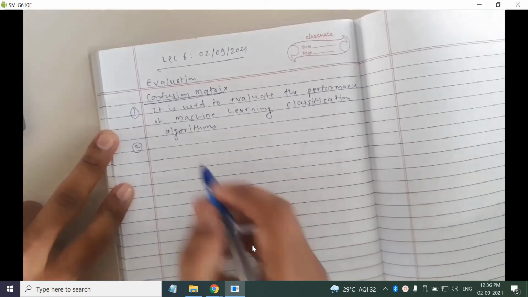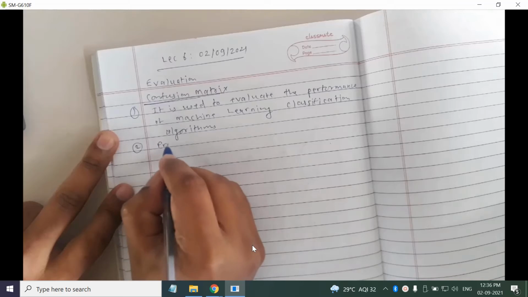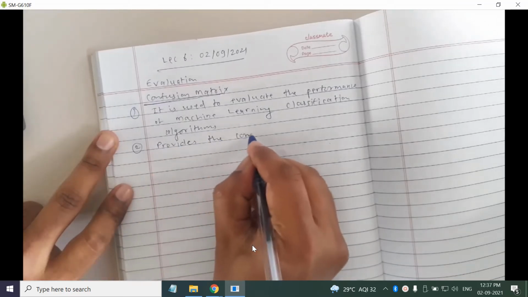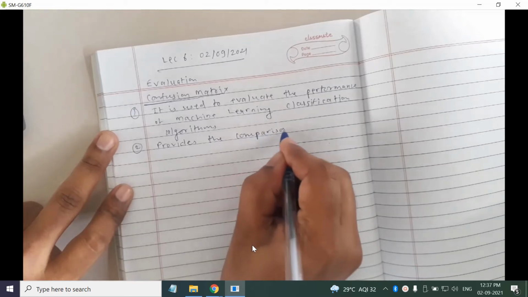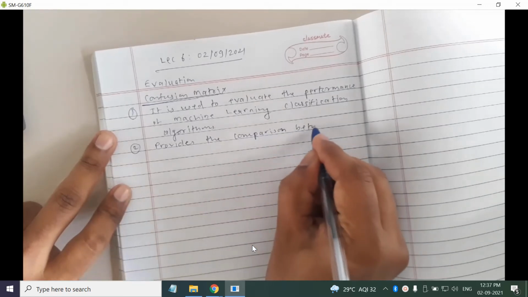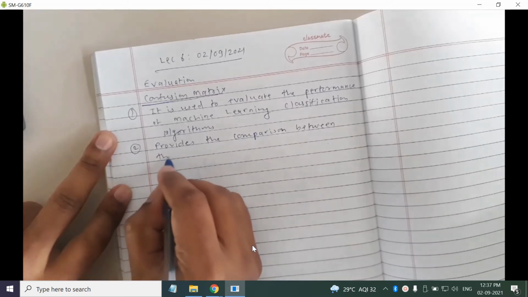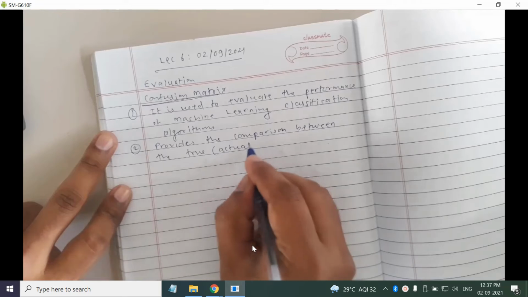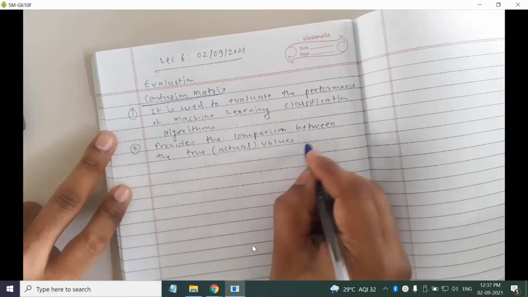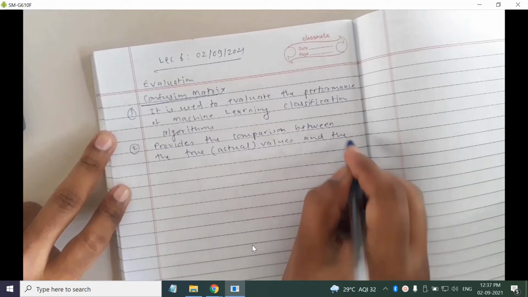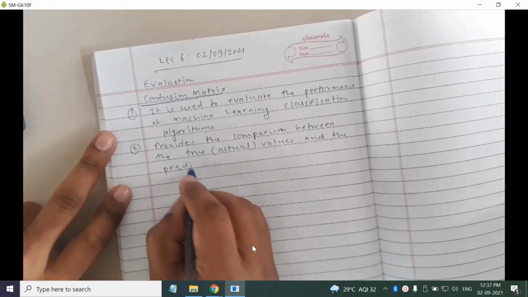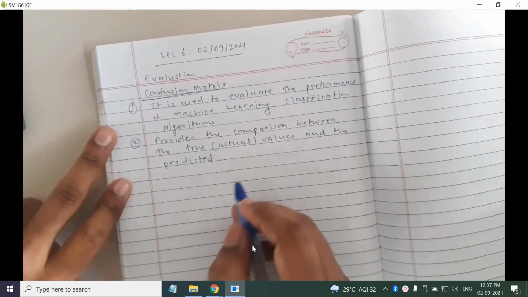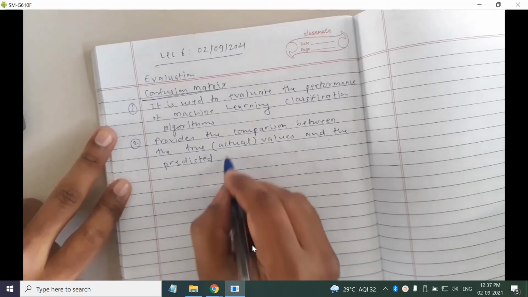The second point: it provides the comparison between the true or actual values and the predicted values. So we can do a comparative study between the true values and the predicted values.